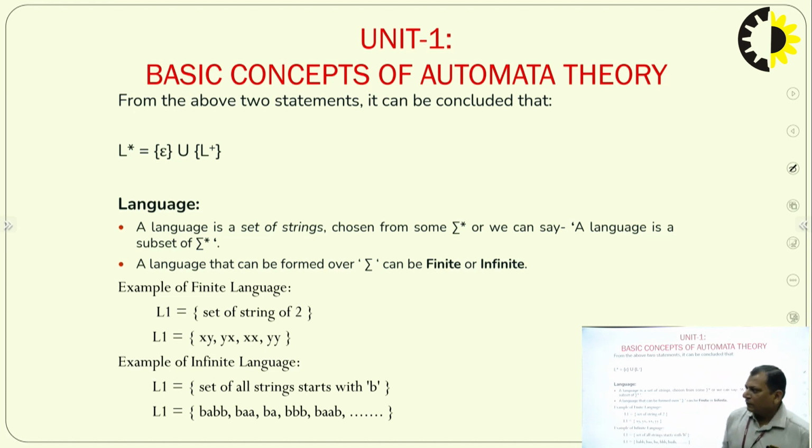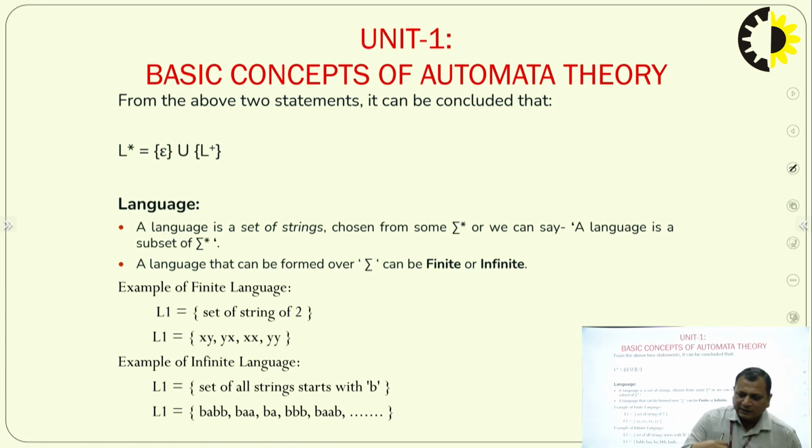Right? Now we'll move to the next topic, that is called language. A language is a set of strings chosen from some Σ star, or we can say a language is a subset of Σ star. In Σ star we have all the strings, right? So we have to choose some particular language from the Σ star.